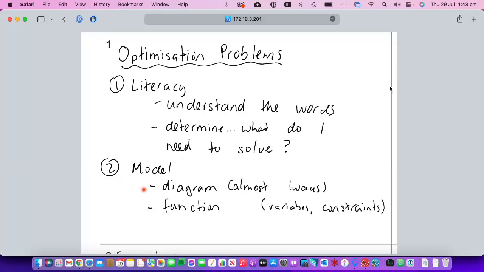Then the next step, when you have a word problem, is you have to come up with a model. Often a diagram will assist, as opposed to a drawing, or diagrams. Almost always, a diagram will assist.